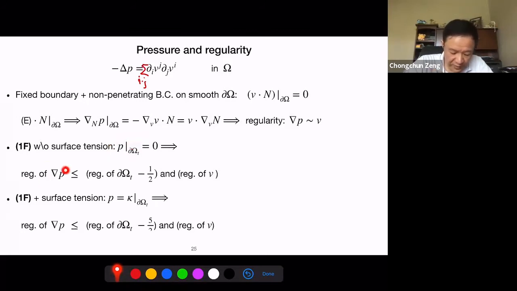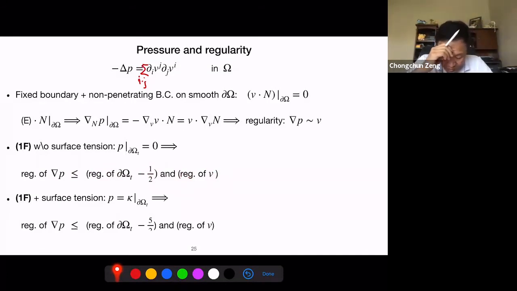After you take the gradient, the regularity of the gradient of the pressure is no better than the regularity of the boundary minus 1/2. And at the same time, it should not be better than the regularity of the velocity.